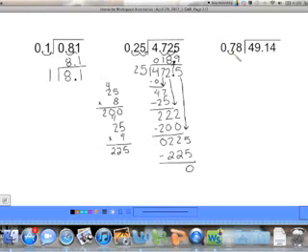Alright, we have to move our decimal place over twice. So we have a new problem, 78 and 4,914. Alright, we know that 78 can't fit into 4. 78 can't even fit into 49.